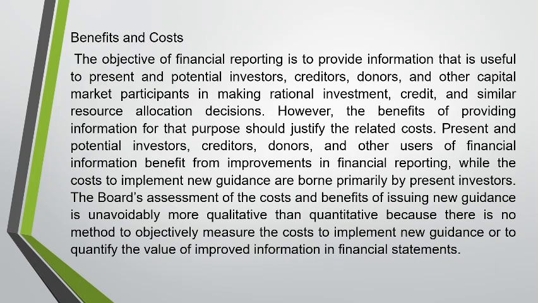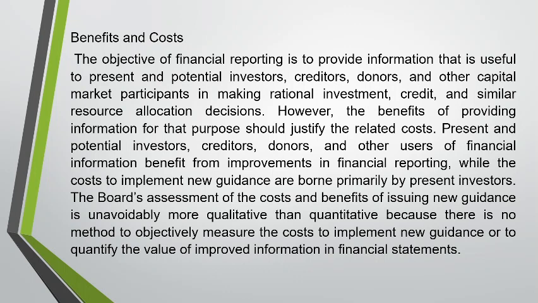Benefit and cost. The objective of financial reporting is to provide information that is useful to present and potential investors, creditors, donors, and other capital market participants in making rational investment, credit, and similar resource allocation decisions. However, the benefit of providing information for that purpose should justify the related costs.